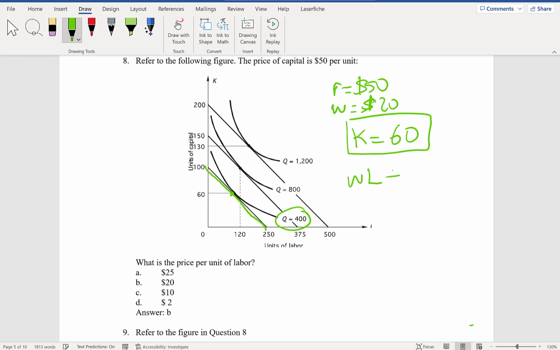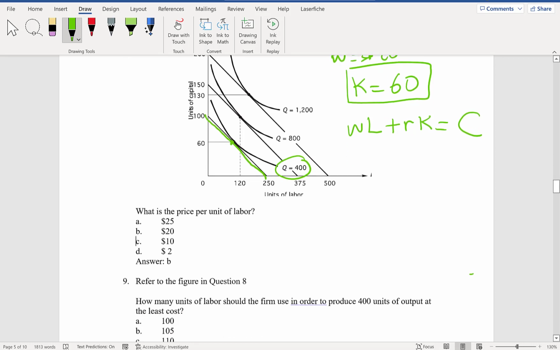Wage times labor plus R times capital equals total cost. What's the question again? We are trying to find this labor. How much labor do we need? I know I need 60 units of capital. I put a star for the best level. I don't know how much labor I need.